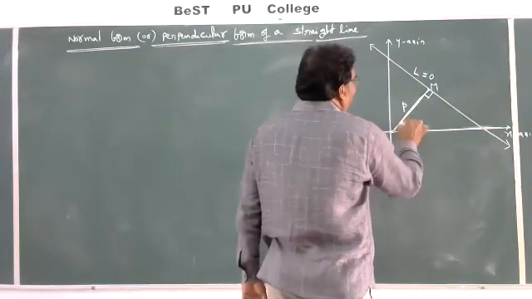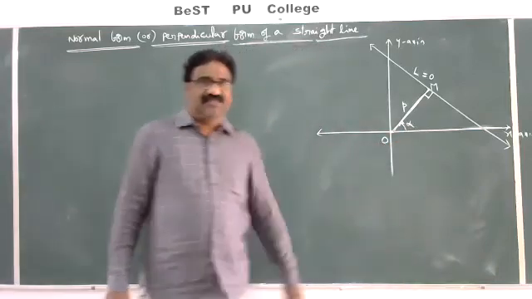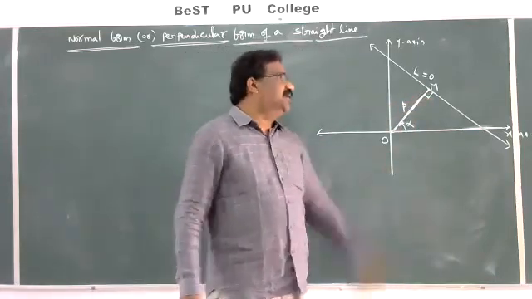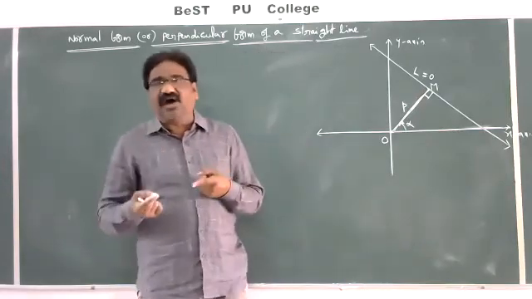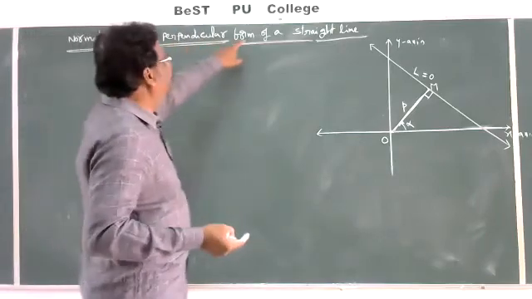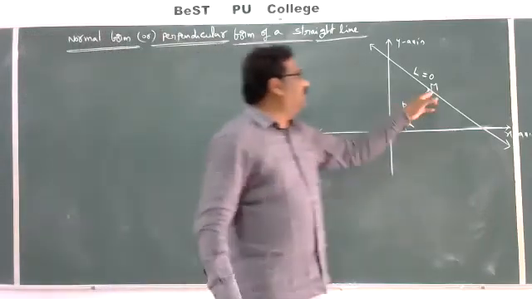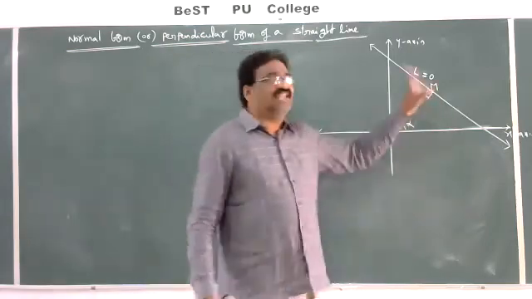This perpendicular makes an angle alpha in the positive direction of x-axis. Here perpendicular is nothing but normal form or perpendicular form. So this perpendicular is also called a normal of this line.